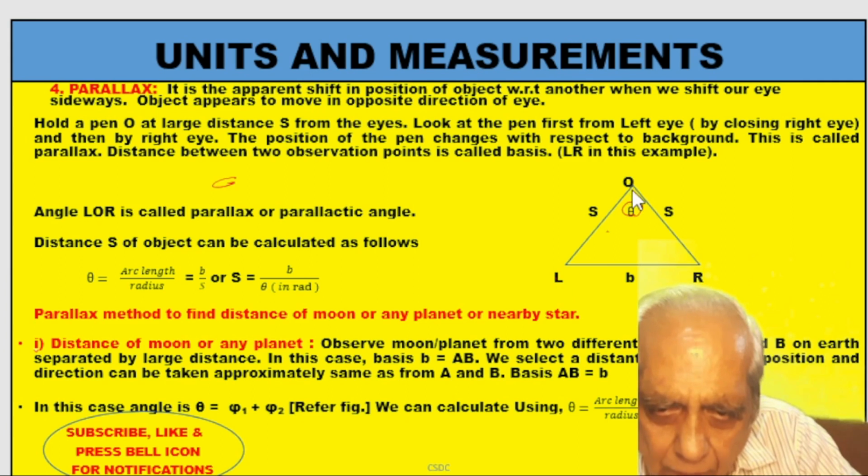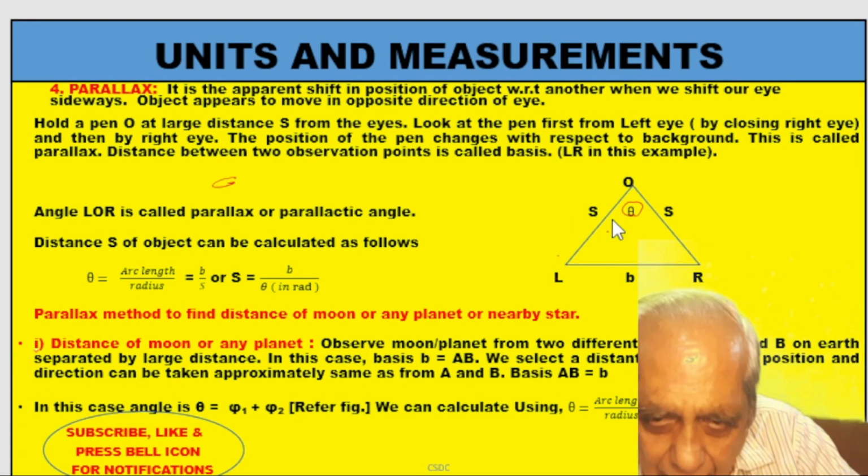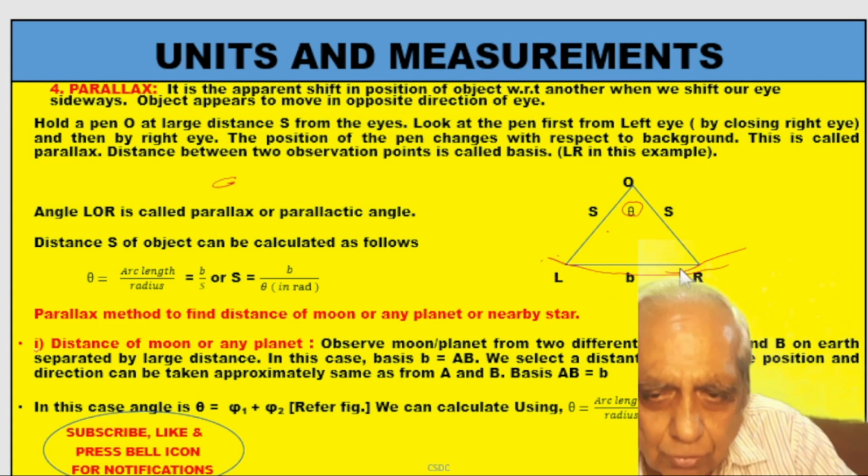LO or RO is called the radius. From O as the center, you make an arc of a circle with OL, or I have written here S, with S as the radius. So this will be the arc.